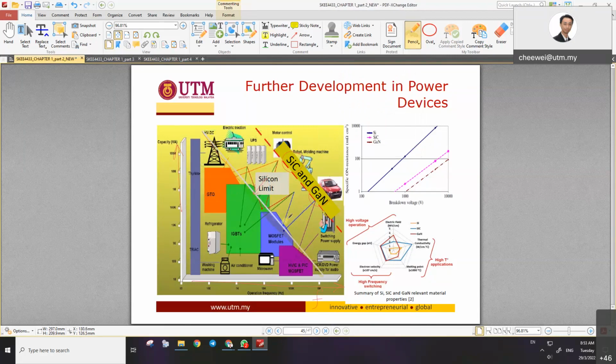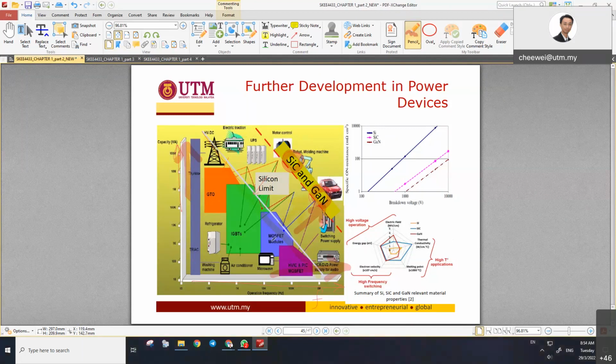This limit has been raised further up. Going up means the frequency is going further up and the power is going further up. Meaning these materials can be used to manufacture switches for higher power applications.